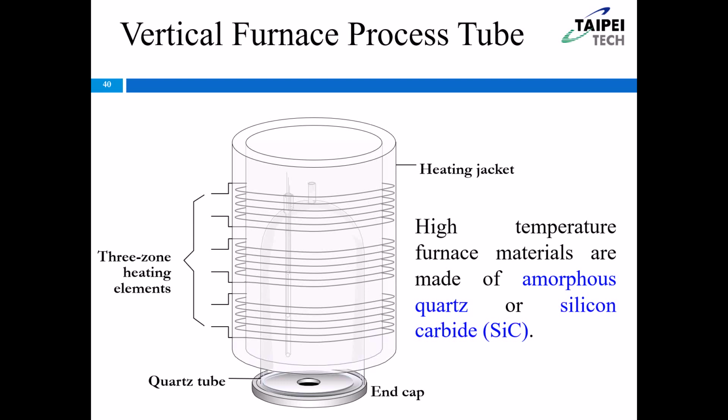slide, or for page 40, this is, of course, the vertical furnace, right? So we have the three heating zones. 1, 2, 3, right? 3 heating zones. We use coil to heat the chamber.